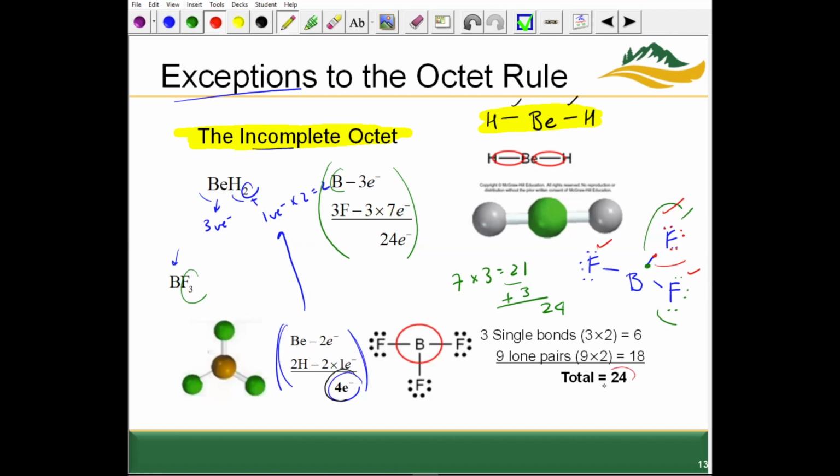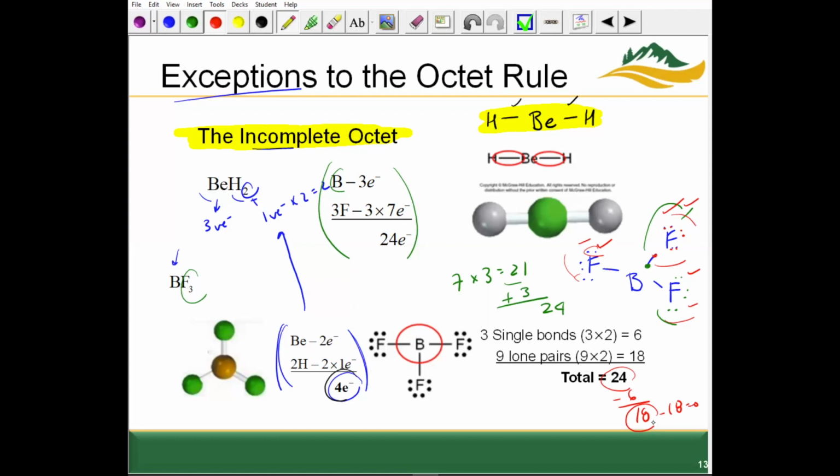We've used all the valence electrons because 1, 2, 3, 4, 5, 6, then 18 electrons remaining, where there's 6 of them on each of the fluorines. So 1, 2, 3 lone pairs around fluorine, that's 6 electrons, 6 electrons, and 6 electrons.